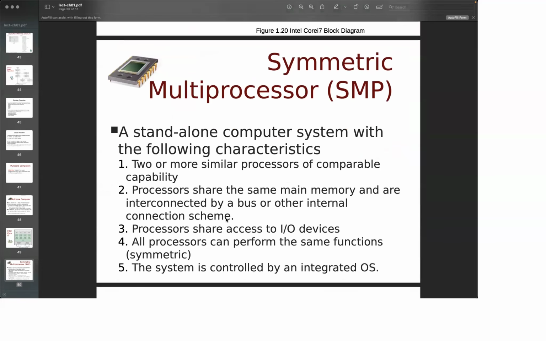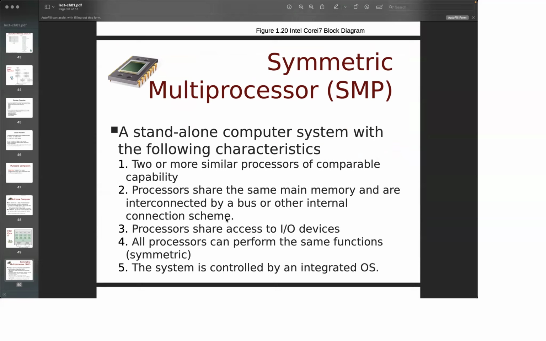It's called symmetric multiprocessor, SMP. For a standalone computer system, it has the following characteristics: two or more similar processors of comparable capability, and the processors share the same main memory.